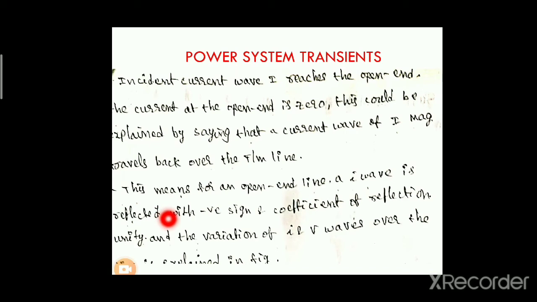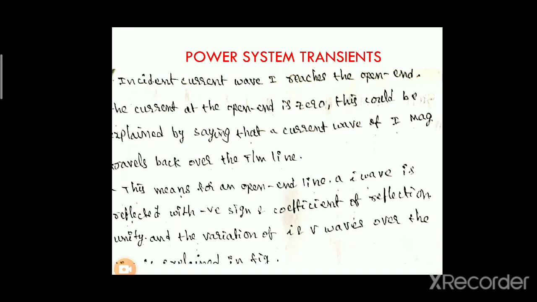The variations of the I and V waves over the line are as shown in the figure.